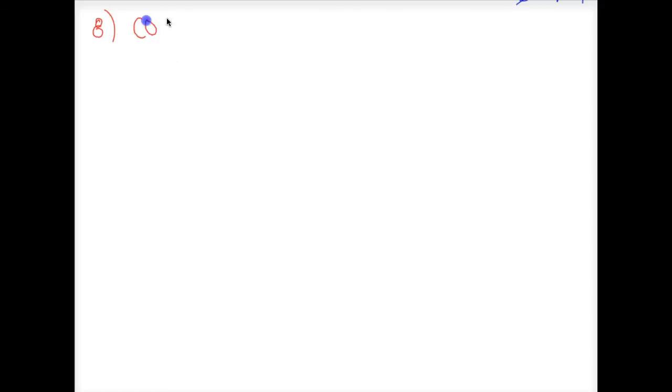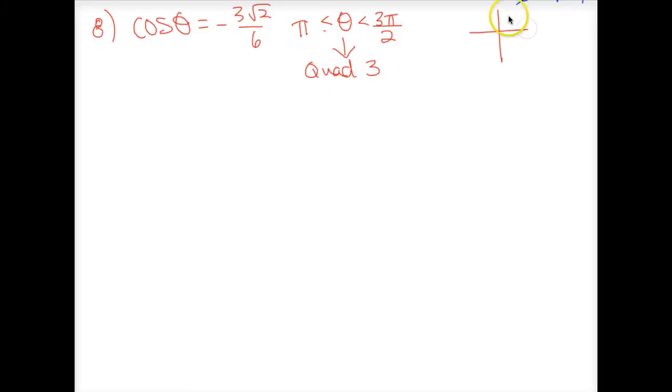It tells you that the cosine of theta is negative 3 radical 2 over 6, and that theta is between pi and 3 pi over 2. Remember, this tells you what quadrant we're in. This is quadrant 3, between pi and 3 pi over 2. So it's right here, because here's pi and here's 3 pi over 2. So we're in quad 3.